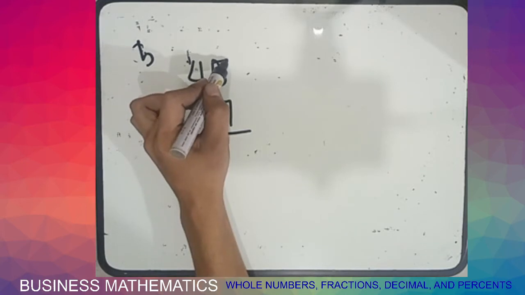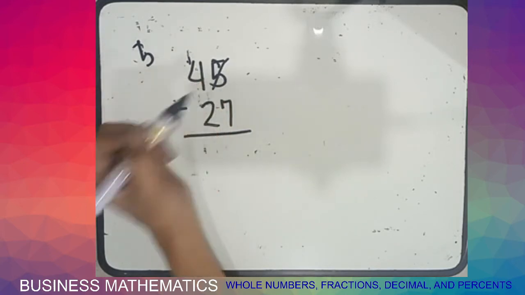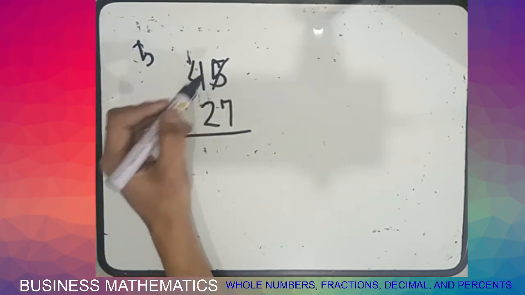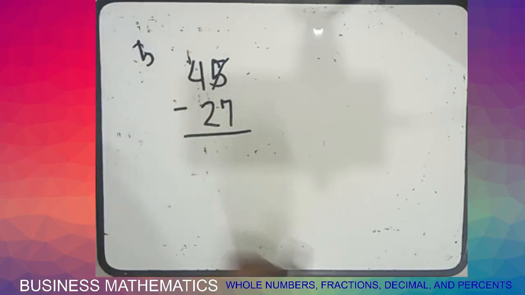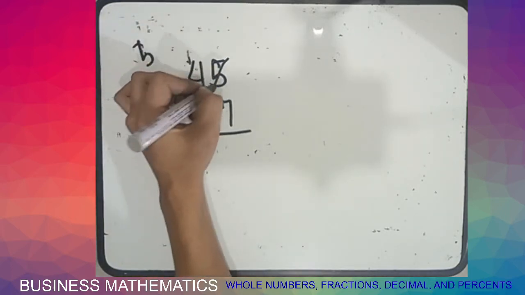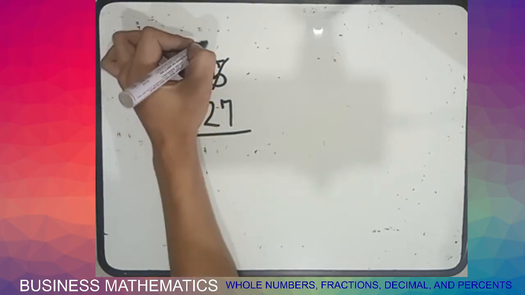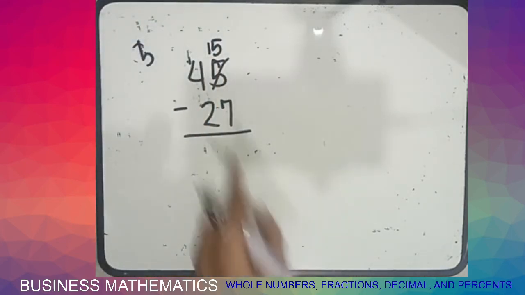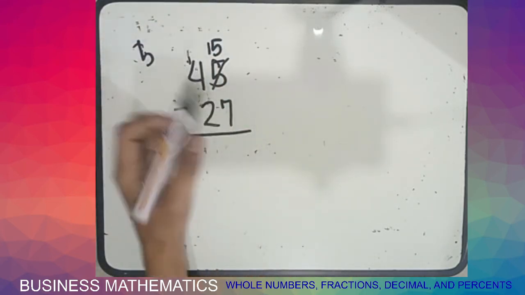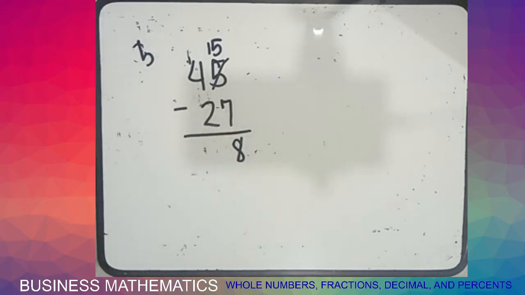Di ba ginagawa natin, ginaganyan natin? Okay. So, ang ginagawa natin sa 5. Okay, dadagdag tayo ng, tama, ng 10. Or, si 5, lalagyan mo lang siya ng 1. So, magiging 15. Sa unahan, lalagyan mo ng 1. So, ganun lang yan. So, 15 minus 7 is 8.